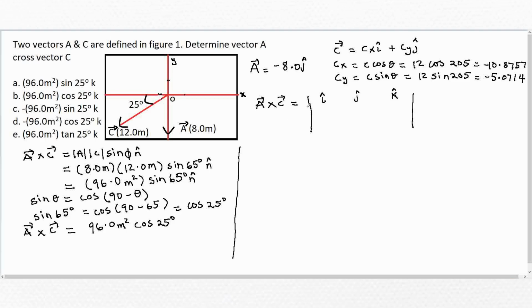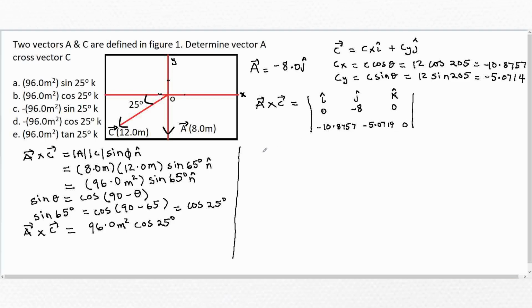For the vector A, the x component is 0, it has a y component which is -8, and it has no z component. For the vector C, it has an x component which is -10.8757, and a y component which is -5.0714. And the z component is 0.